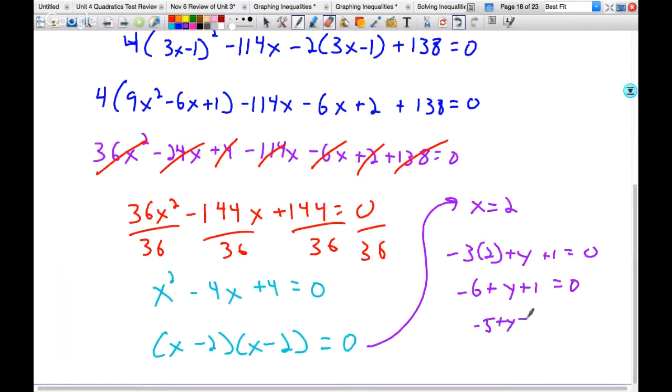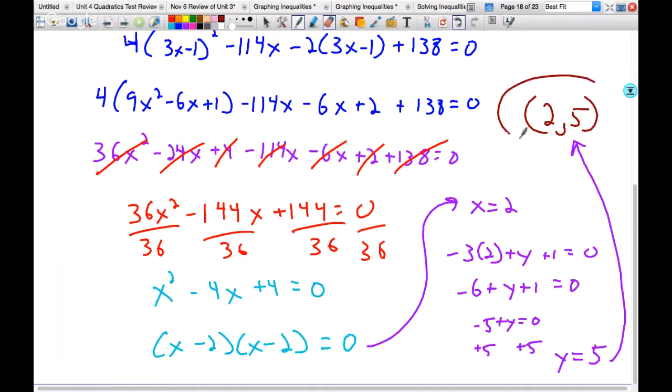Negative 5 plus y equals 0, plus 5, plus 5. Y equals 5. It's going to lead to our final answer, 2 comma 5. It's just the one intersection point. So it must be a tangent line. One solution.